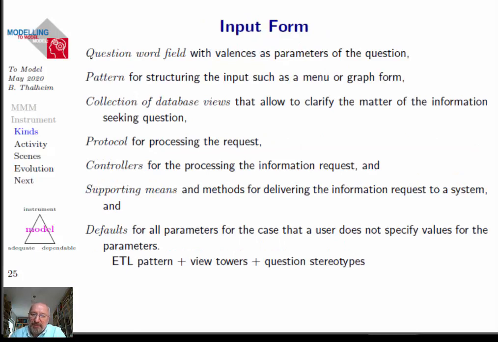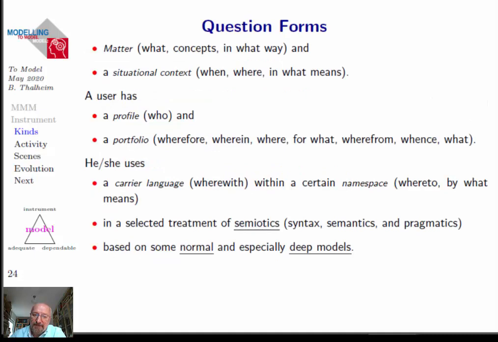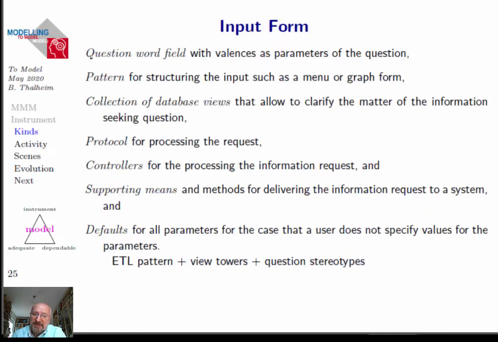An input form is now mapping this question form towards some kind of handling facility. So in this case we can say fine, the input form specifies the question word field, as we did in the W*H framework. It uses maybe some pattern, it uses a collection of database views, it uses a protocol, it has controllers, has some supporting means, and of course might be based on defaults.